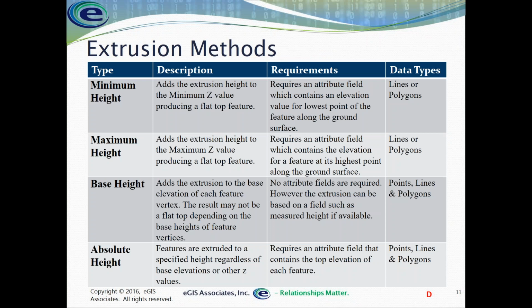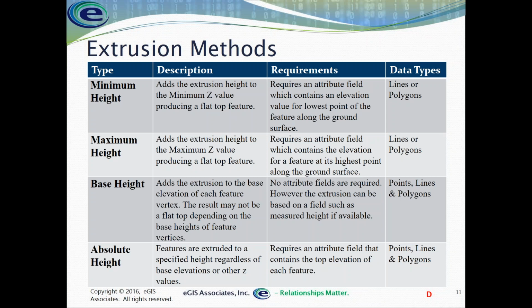Base height is going to start at whatever your base is, whether that's an attribute value or ground, and then add to it if you extrude. And then you can use an absolute height, which is where the feature is actually extruded to the exact elevation. So base height could take the ground and then add 45 feet to it, or 30 feet, or whatever. The absolute height is going to be the exact number, right?